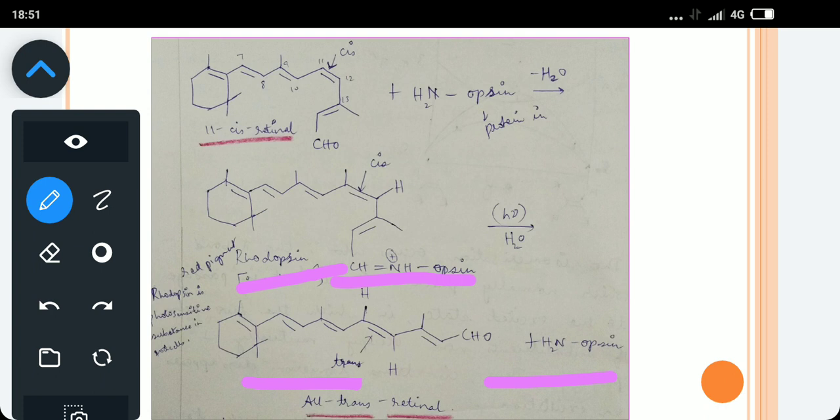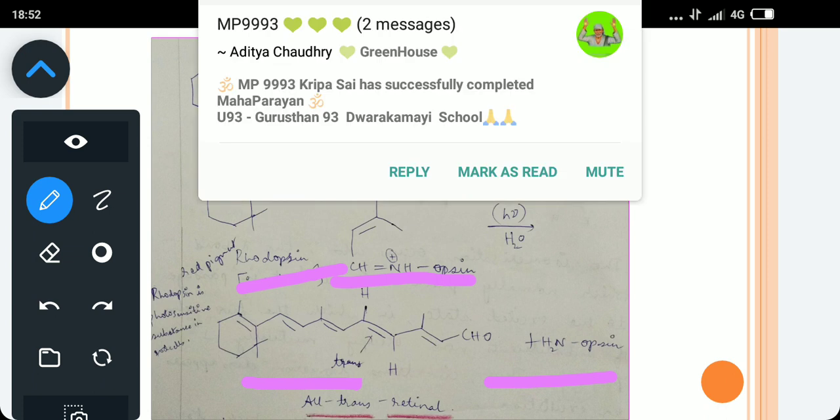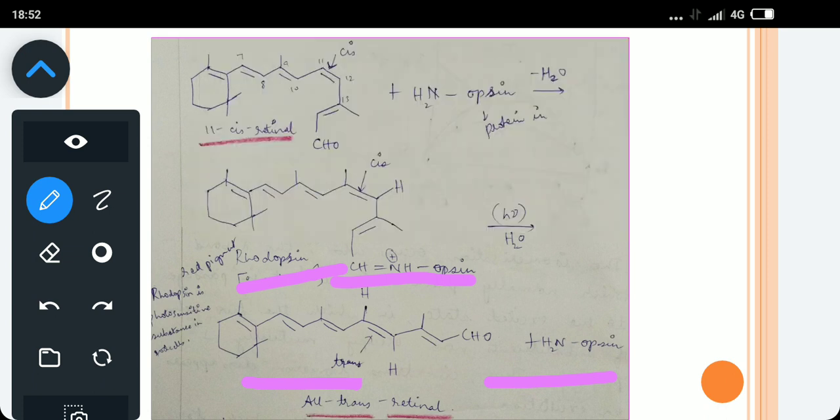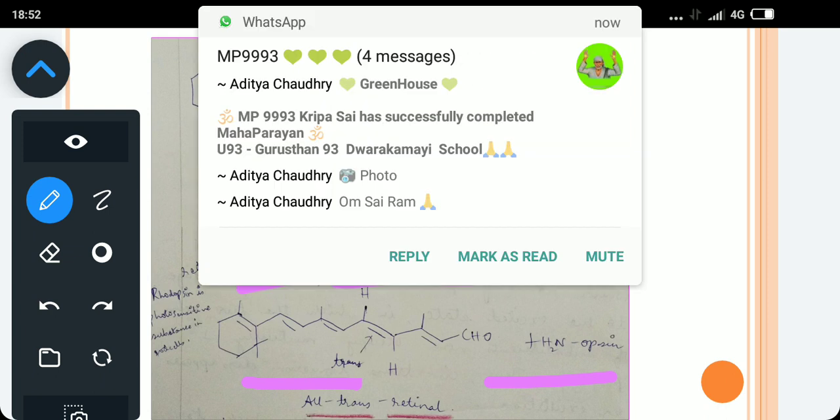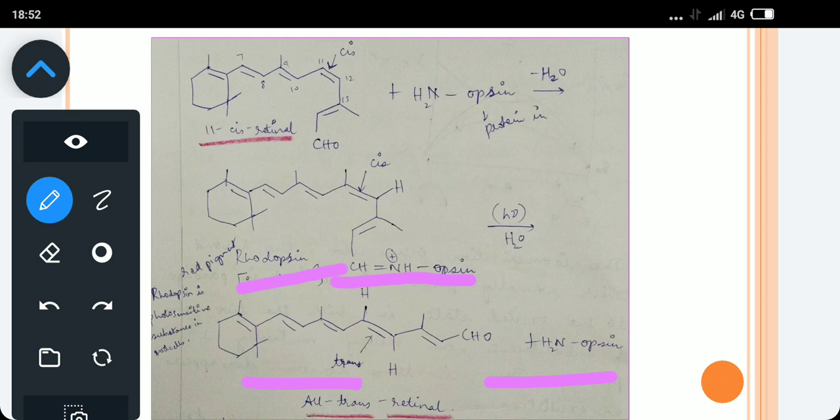Now there is a disturbance in the opsin, because the pocket of opsin can only fit the Z isomer, but now there is the E isomer. That is why the trans retinal, in the presence of an enzyme, gets reconverted to the cis isomer. This is how the process of vision takes place.